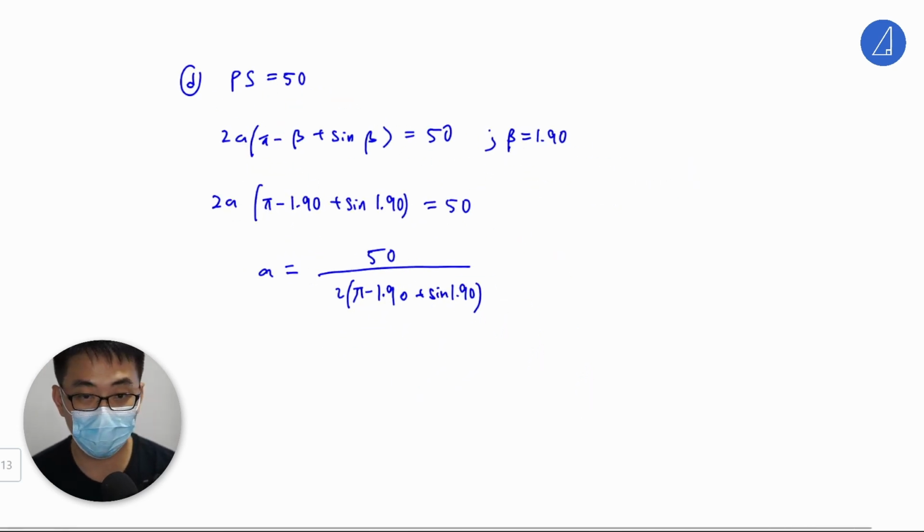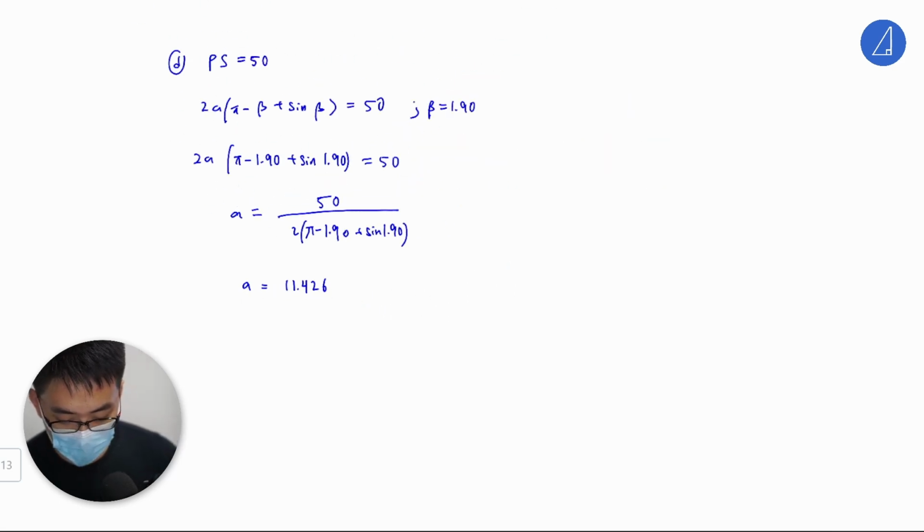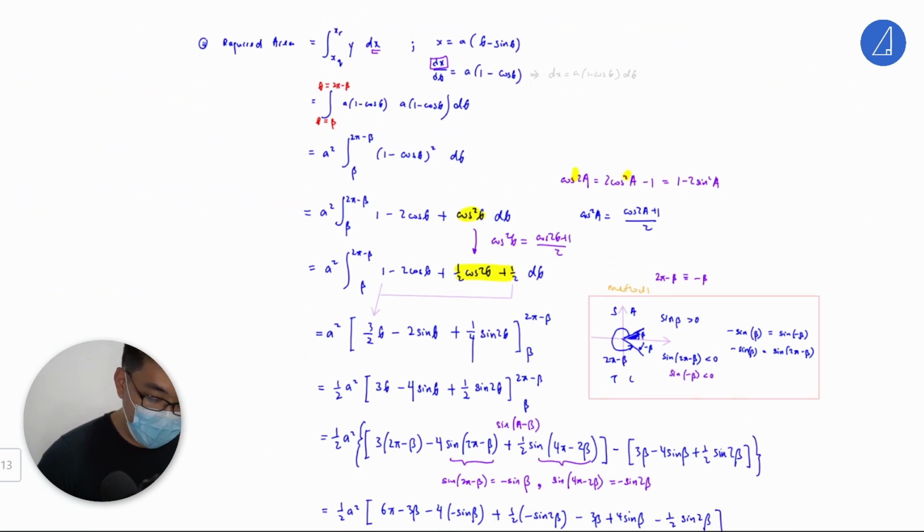Okay, there you go. So this one will be a equals to 11.426. Now, so we have a already.